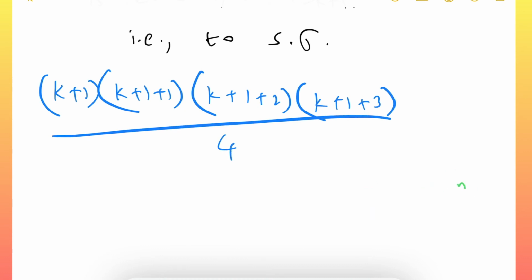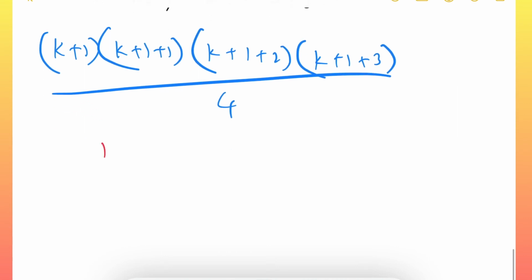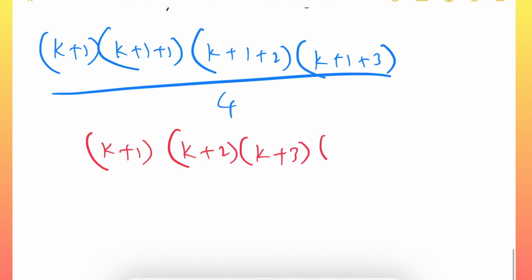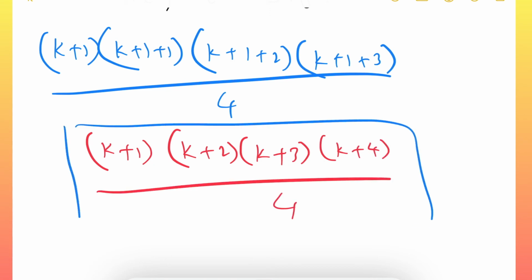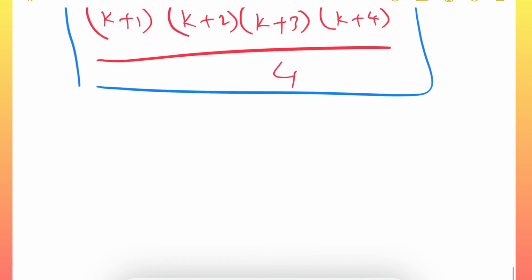Let us simplify this. k plus 1 as it is, into k plus 1 plus 1 which is k plus 2, k plus 1 plus 2 which is k plus 3, k plus 1 plus 3 which is k plus 4, whole divided by 4. So this is what exactly we need to show. Okay, now let us move to our main solution.